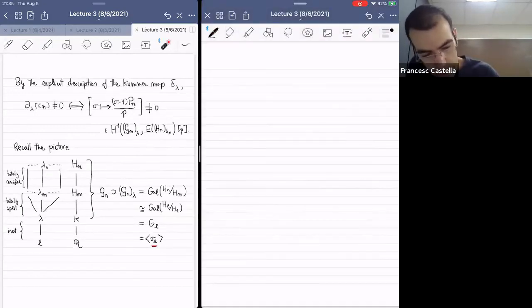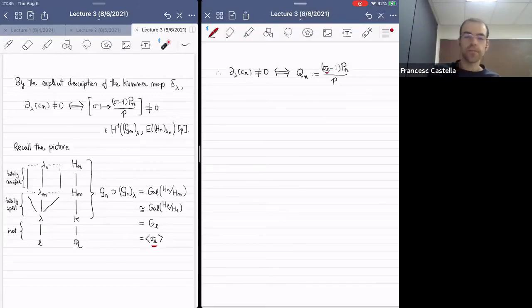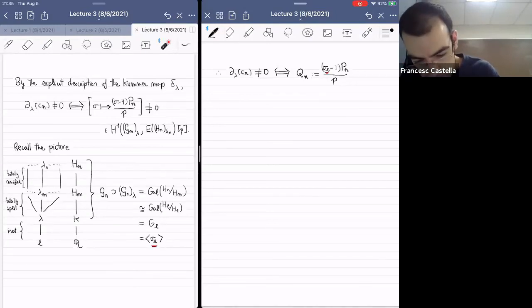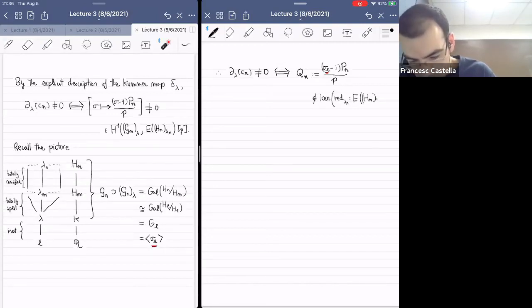Okay, so what we find is the following: this partial lambda C_n is non-zero if and only if this Q_n, defined as sigma_L minus 1 applied to this point divided by P, is not in the kernel of the reduction map modulo lambda_n.